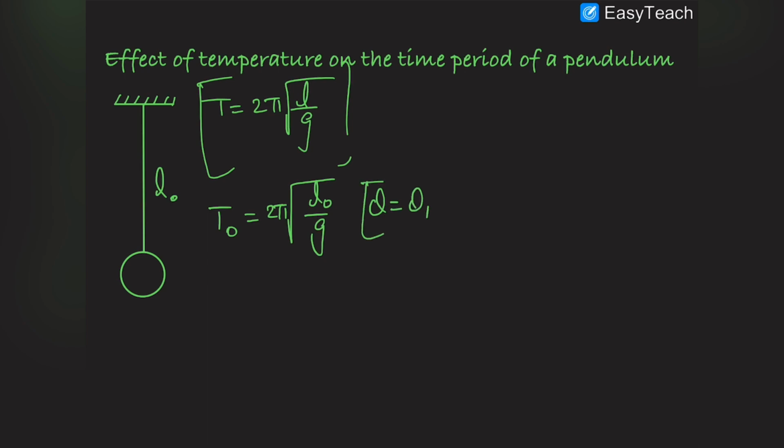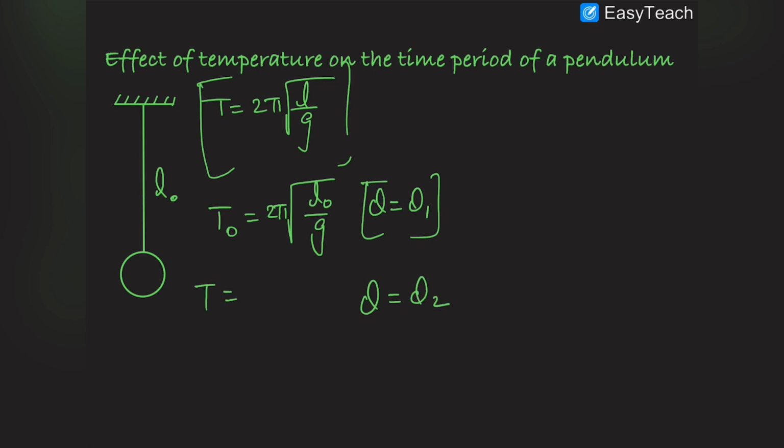In this case, I am assuming the temperature variable as θ so that we would not get confused between the temperature and the time period T. Then at some other temperature, θ equal to θ2.